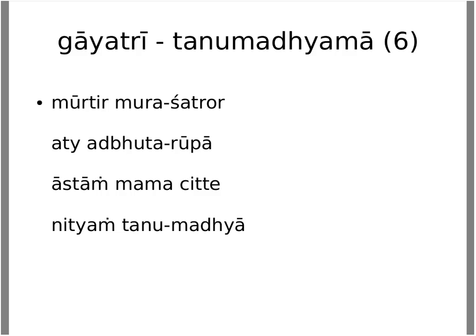Gayatri also is a category of chandas, and you've noticed I've just put 6 in parentheses rather than saying 6 syllables per foot. And there are also several sub-varieties of the Gayatri chandas. This one is called Tanu Madhyama. Tanu Madhyama means having a very beautiful waist.